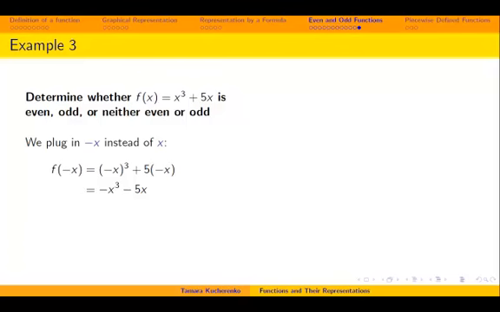If we factor out a negative, we obtain negative 1 times x cubed plus 5x. The expression in parentheses is exactly the original function, so this equals negative f of x. This means that this function is odd.